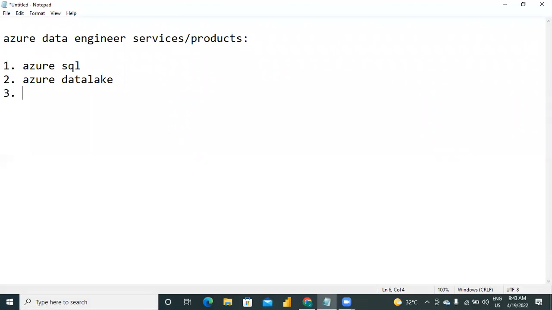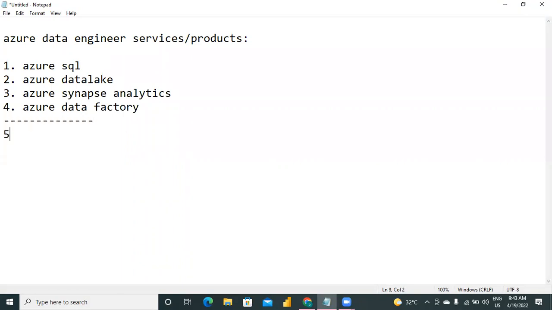Then we talked about Azure Synapse. Actually, the full name of the service is Azure Synapse Analytics. And finally, your product is Azure Data Factory. Still, you have other products. We are going to discuss the remaining products 5, 6, 7, 8.